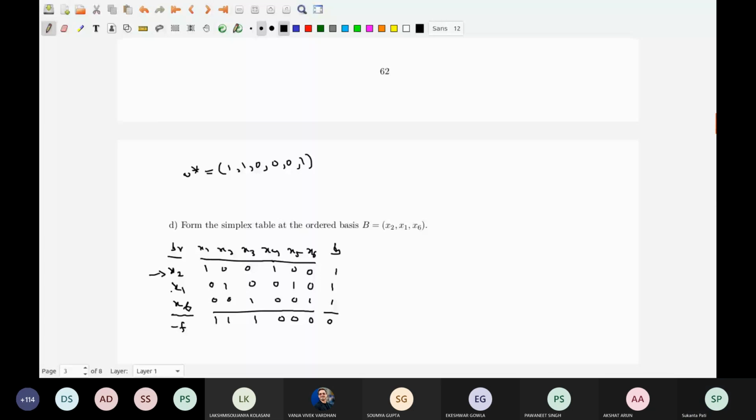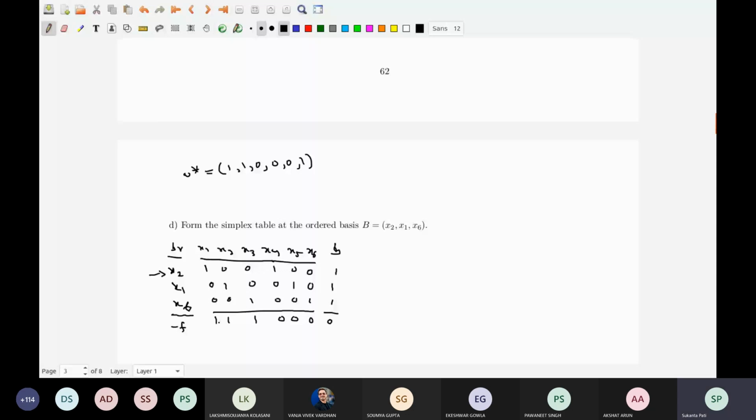That is what I have to do. And also the entries of C below the basic variables have to be converted to zeros. Okay. By the time you do that, you have obtained the simplex table. Now, how do you do that? Now, you are only allowed to use elementary row operations.